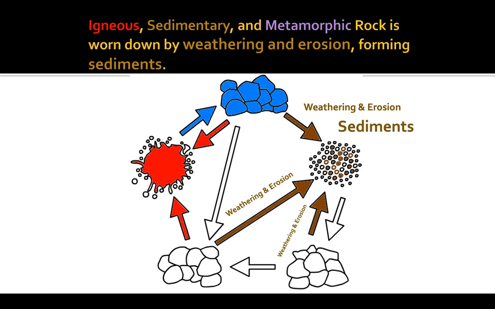So we have three arrows that we need to label weathering and erosion. My recommendation is that you label the big one, weathering and erosion, and then these two smaller ones, just label them W and E. And this time you are choosing brown.